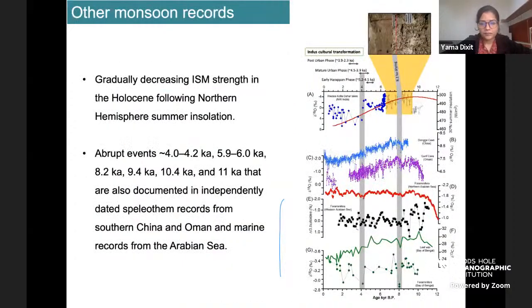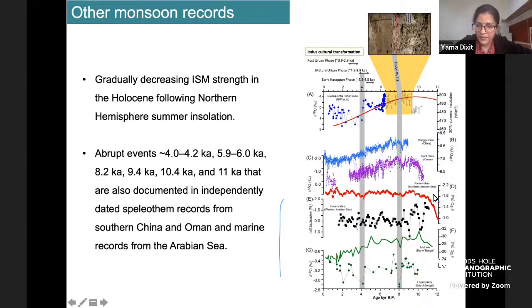So now globally, if we see other marine and terrestrial records, you can see that age is on the x-axis, and we have proxy data on the y-axis. We can see that this combined record, Riwasa and Kotla Dahar, follows the summer insolation at 30 degrees north, and this is also followed by other speleothems from China and Oman, which are known as good recorders of the summer monsoon.